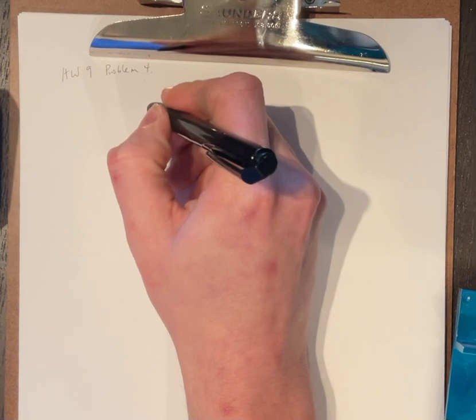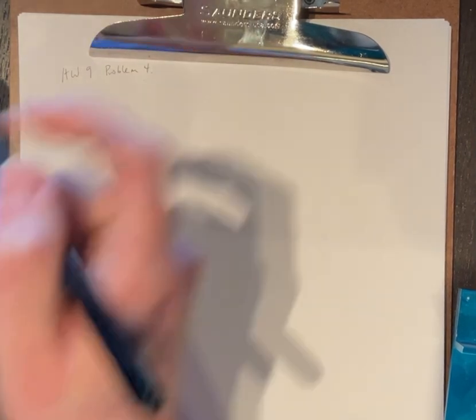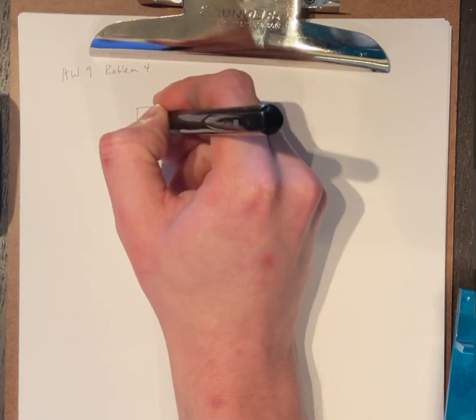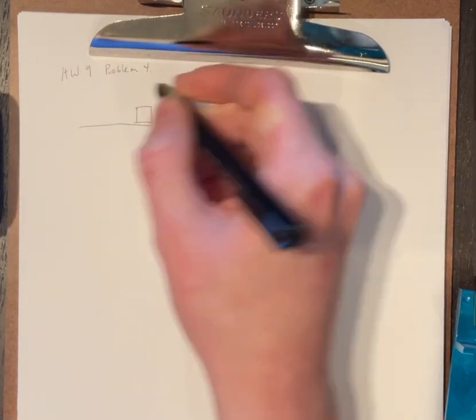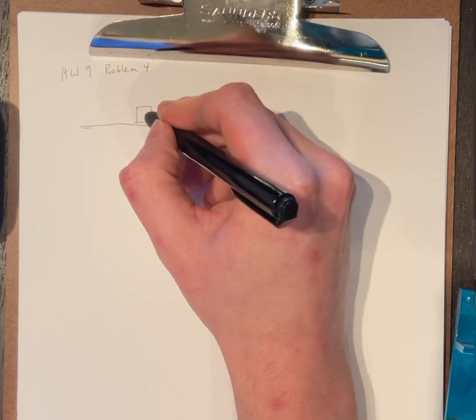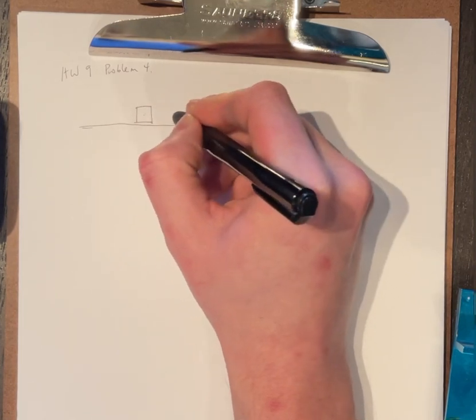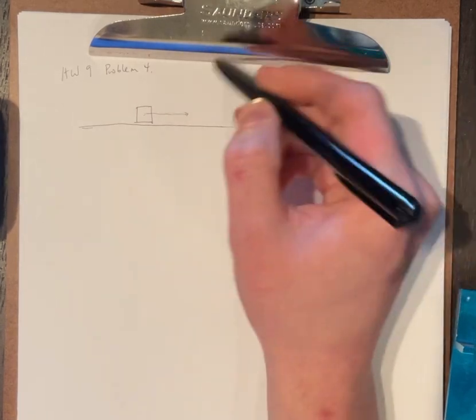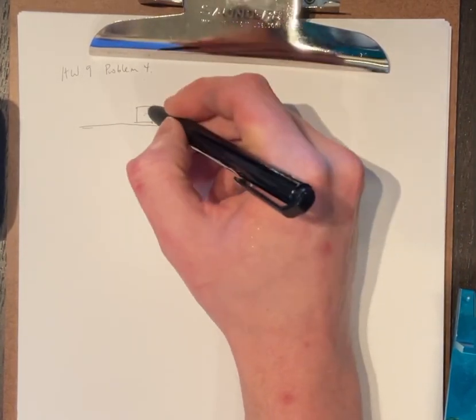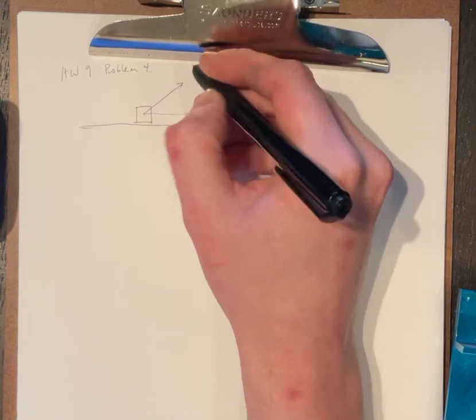Okay, so basically in this problem, we have an object, let's just say a box. It's on a flat surface and it's being pulled at a constant force, but that force is not parallel to the floor. It's actually being pulled at an angle.